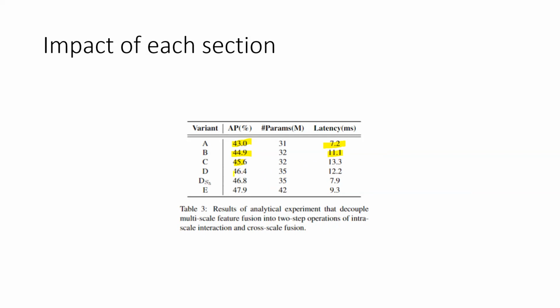And for section D, they took single-scale features and fused them with multi-scale features with CSM, and then they got the best AP so far, and the latency also increased in the DS5.